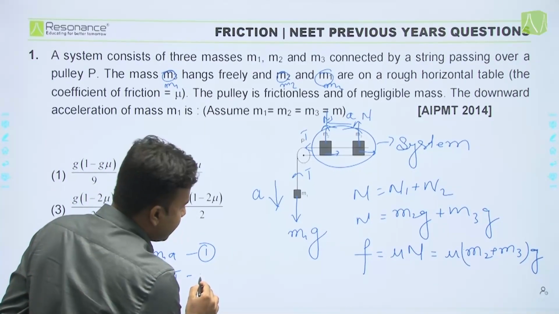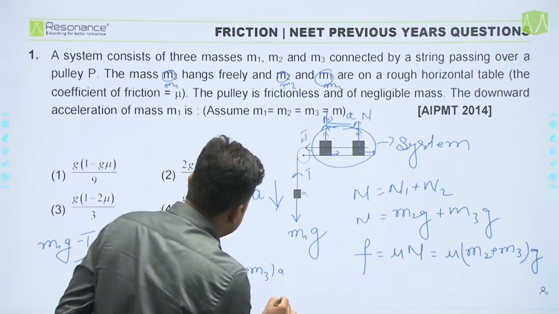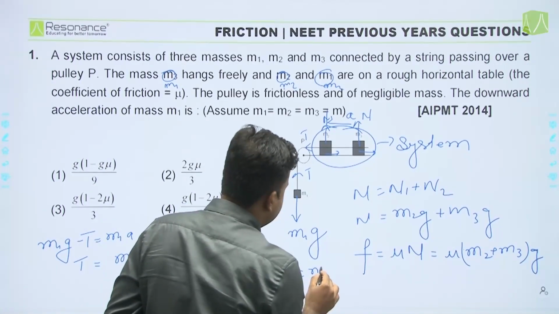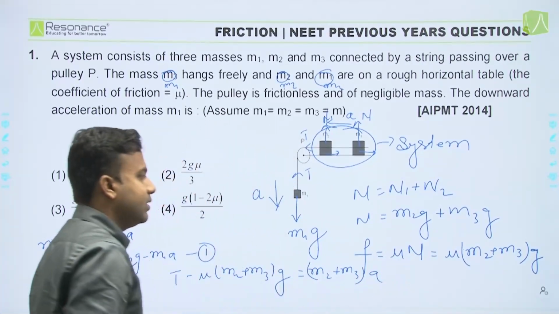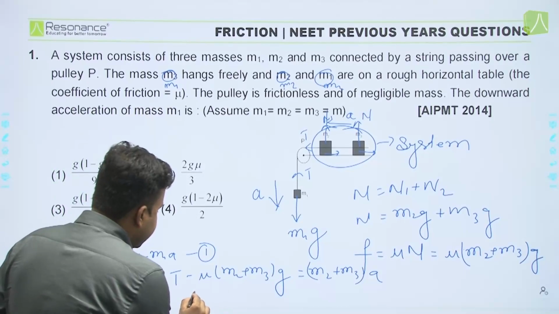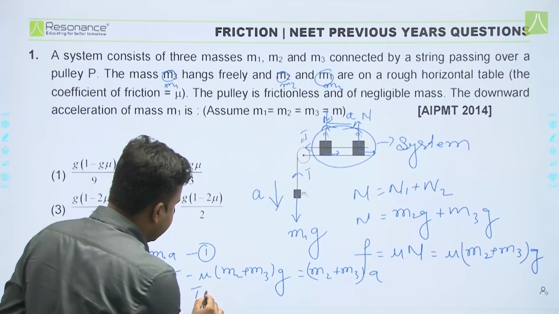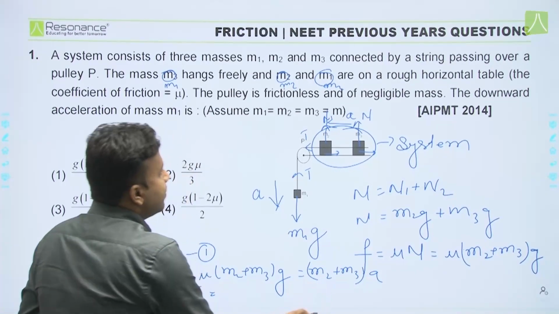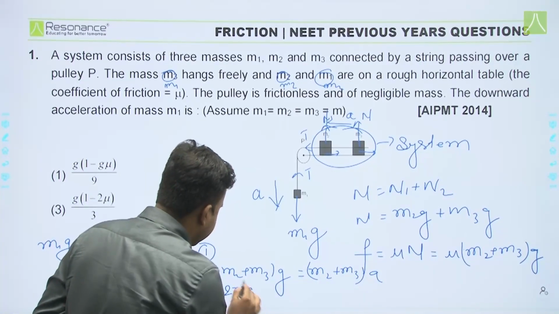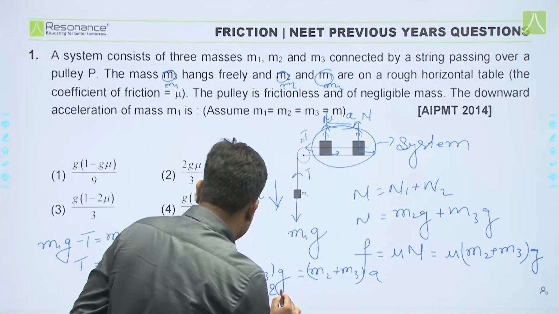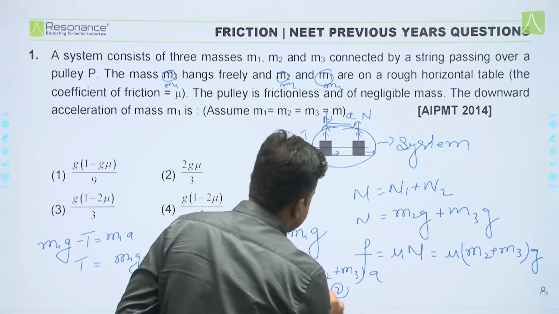T minus friction force, which is mu into M2 plus M3 into G, equal to M2 plus M3 into acceleration A. Now T equal to, all the masses are equal to M, so this is 2MA plus 2 mu into M G. Now this one is the second equation.